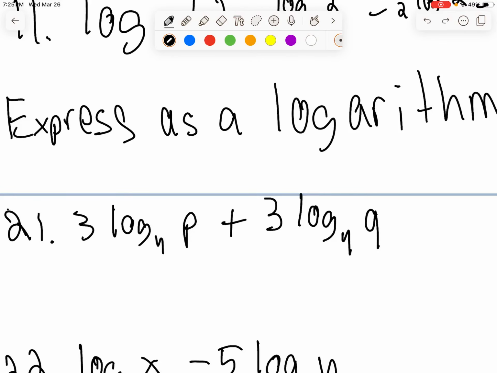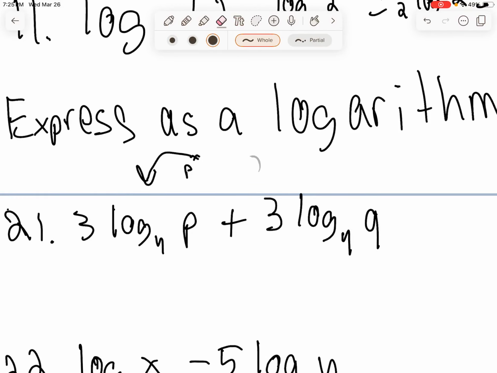When we had a power before, we took it and brought it here to get, we'll just say, x to the p. Sorry for being lazy. Now we want to do the reverse, to get it back to that.